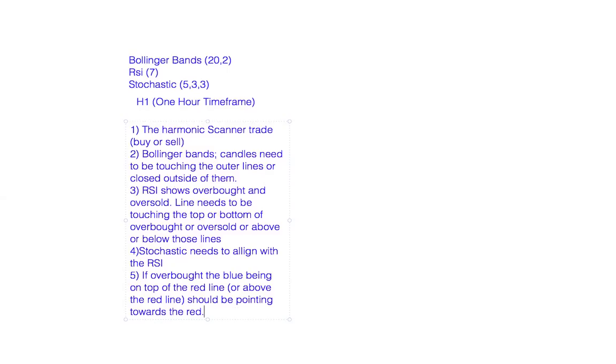Make sure you write that down. You want to make sure that the blue line is curved and pointing towards the red line. And that's on the overbought side. On the oversold side, the same thing.